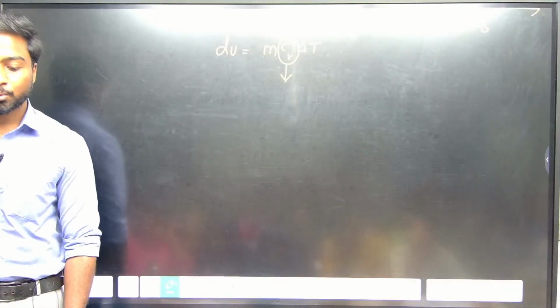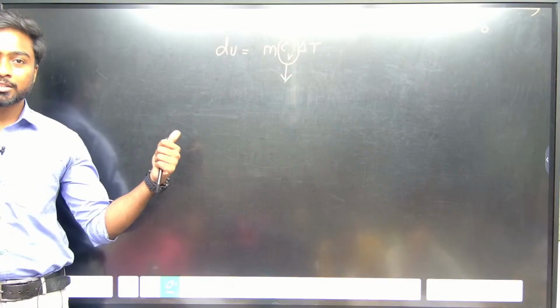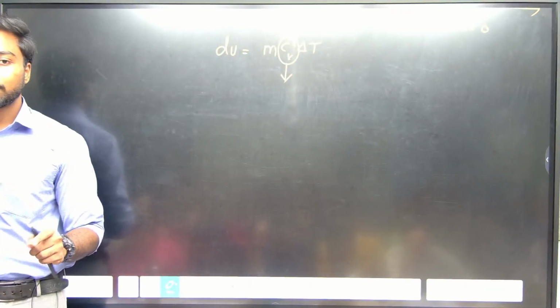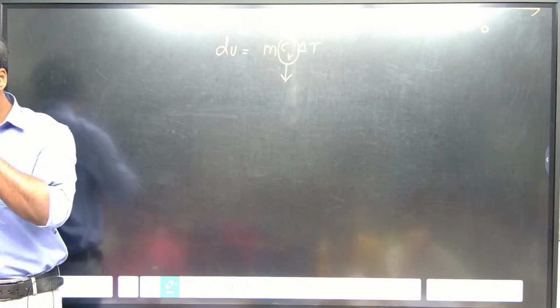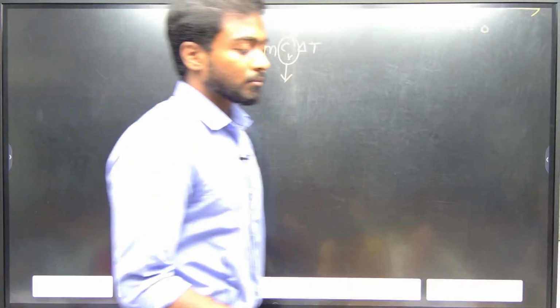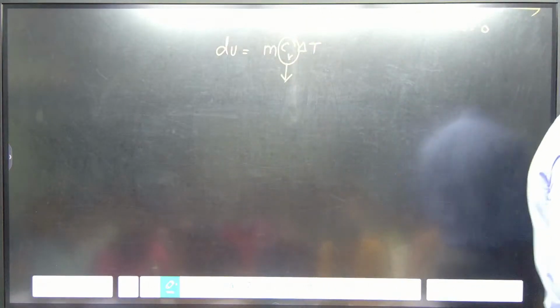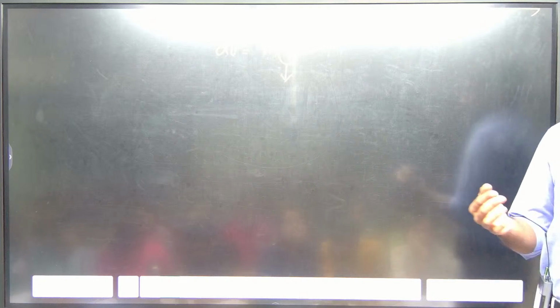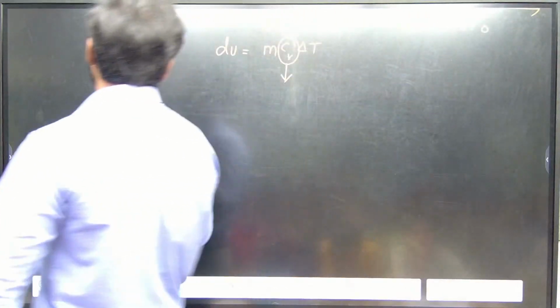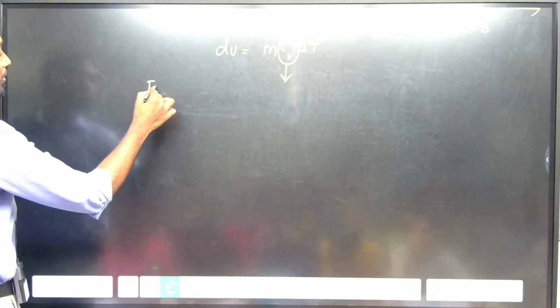Okay, listen. The next one is work done. So internal energy is completed. The next point, subheading is work done. Since we are talking about the gas, we'll talk about the force in terms of pressure.